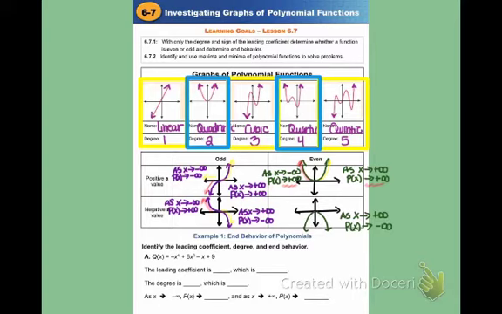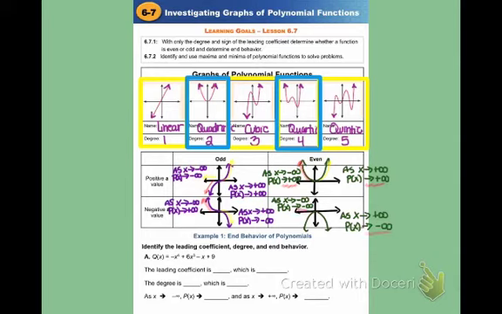And then over here on the left-hand side, we would say as x is approaching negative infinity, in other words, as we're going to the left, then the value of the function is approaching negative infinity as well. So again, there's that agreement. It's approaching negative infinity in both cases.